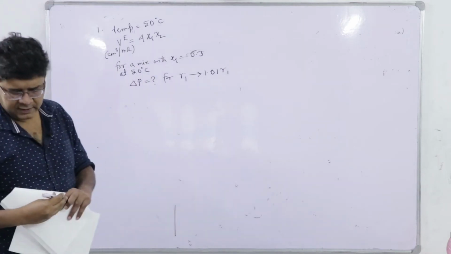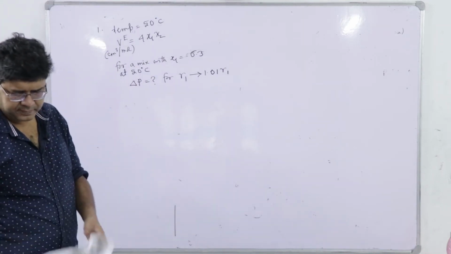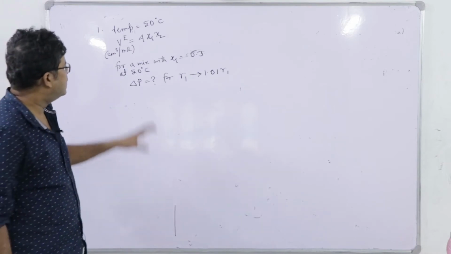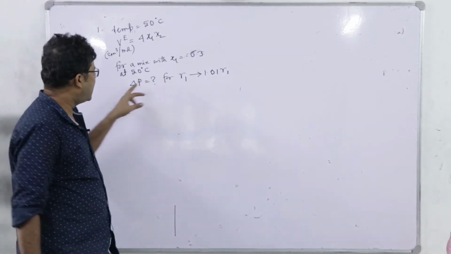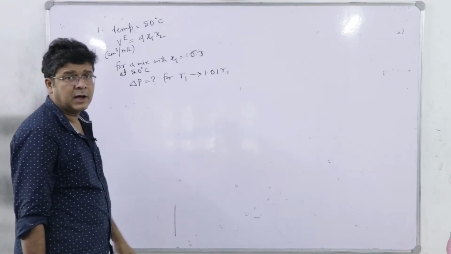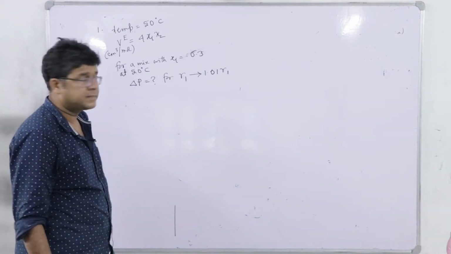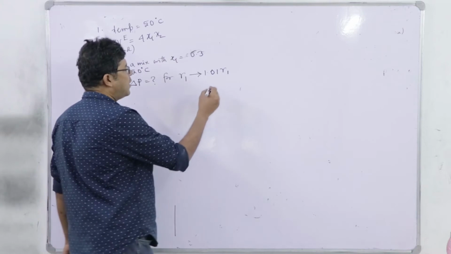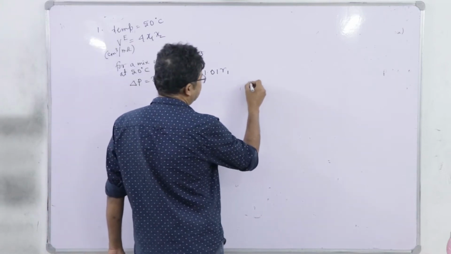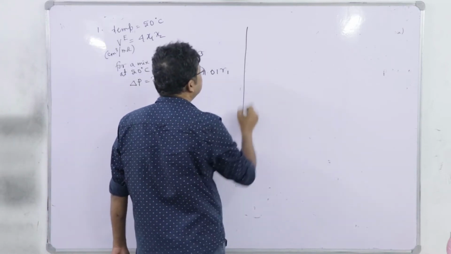So, basically you see that here we have to relate this gamma to pressure, and we know this from the excess Gibbs energy relation. What is the theory?